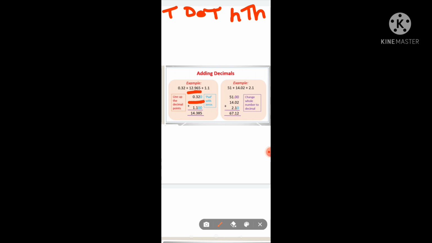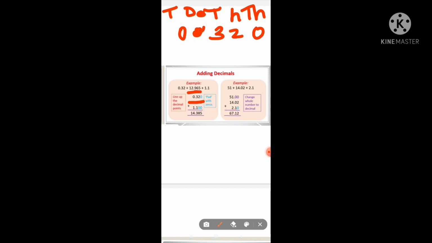The second one, after the decimal, how many digits are there? 3. So 3, 2, children. For the first number I add one more 0 there. Then in the ones place I put 0 because there is no digit.